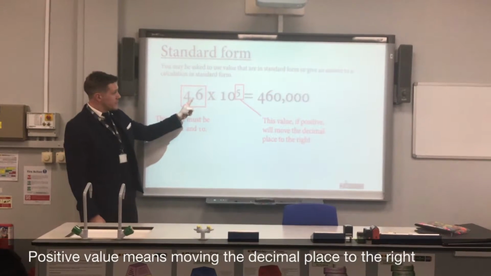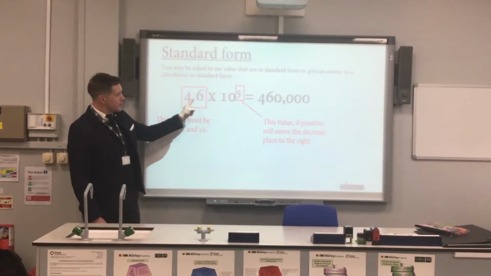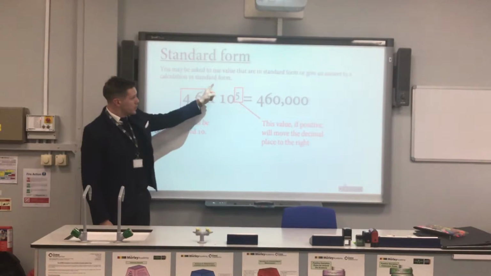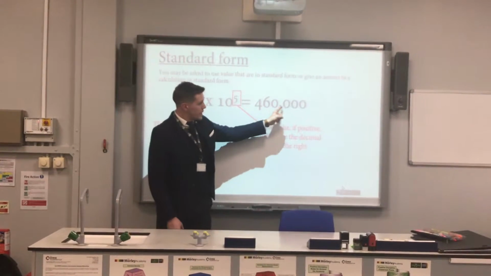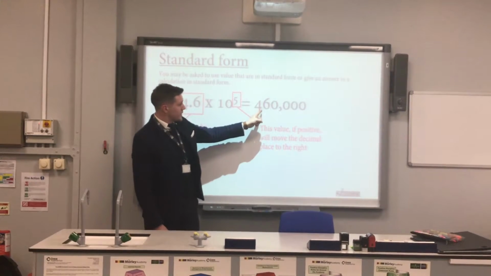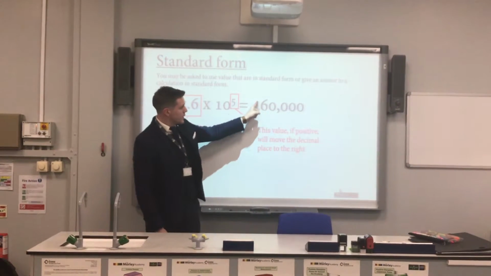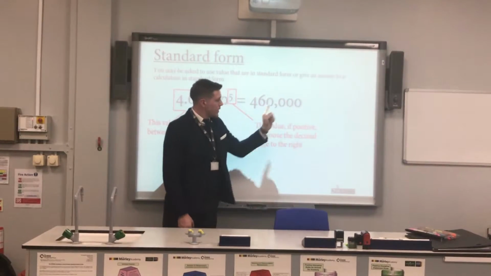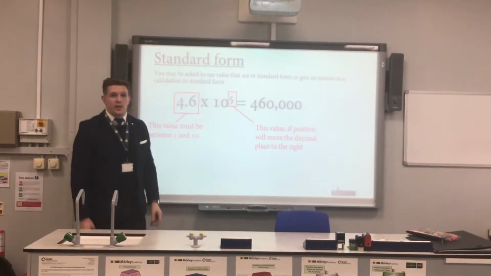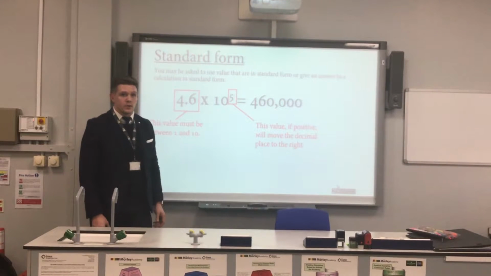So if I move my decimal place to the right hand side, you can see I've moved it 1, 2, 3, 4, 5 times, and it ended up with this value here. So my decimal place was here, 4.6. I've moved it 1, 2, 3, 4, 5. Hence, we get our value of 460,000.